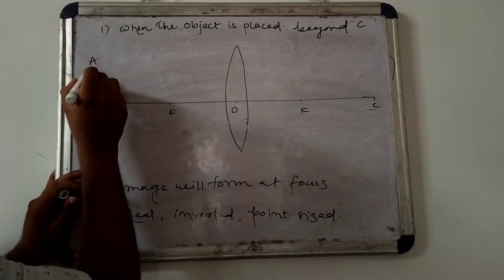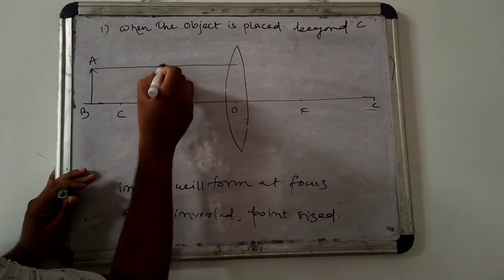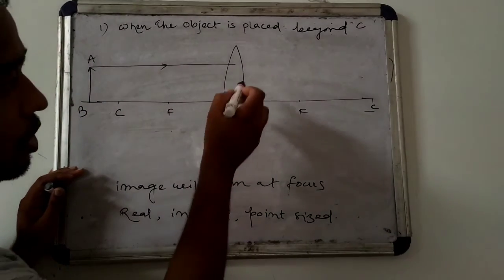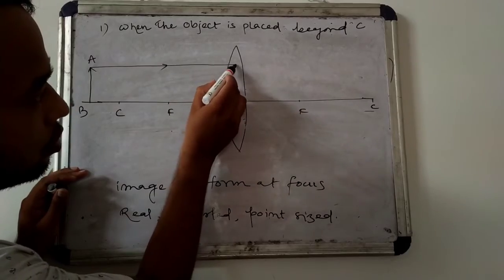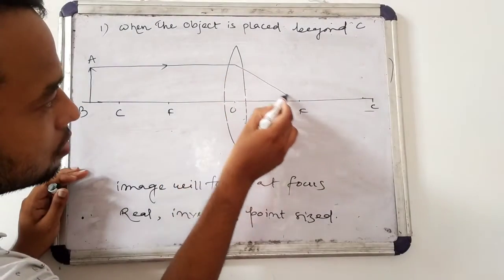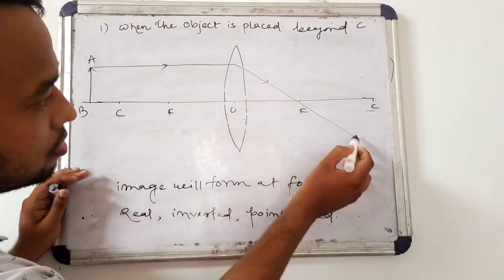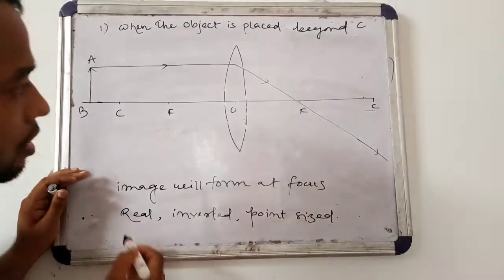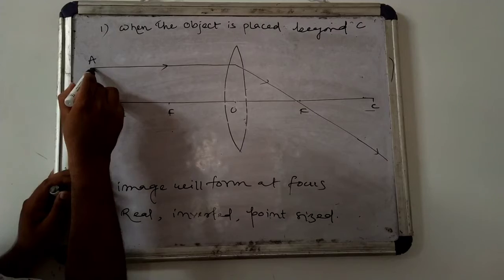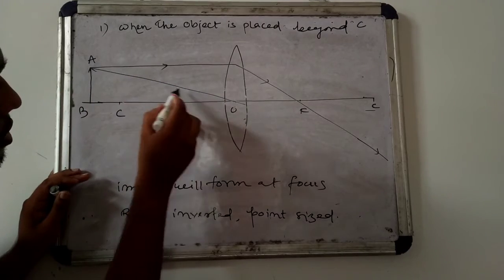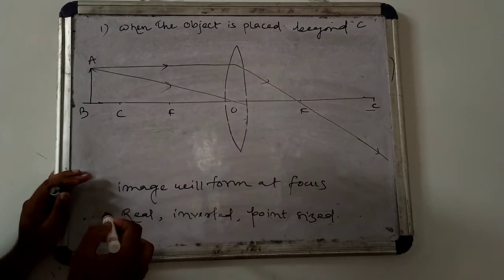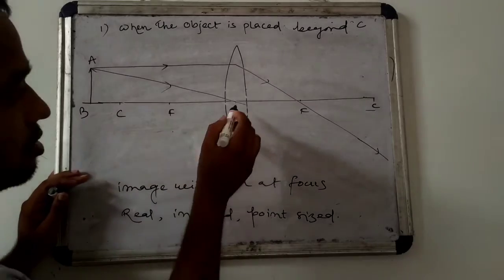First you take a ray parallel to the principal axis and after refraction it will pass through the focus, like this. And the ray which is incident through the optical center will have no change in its path.